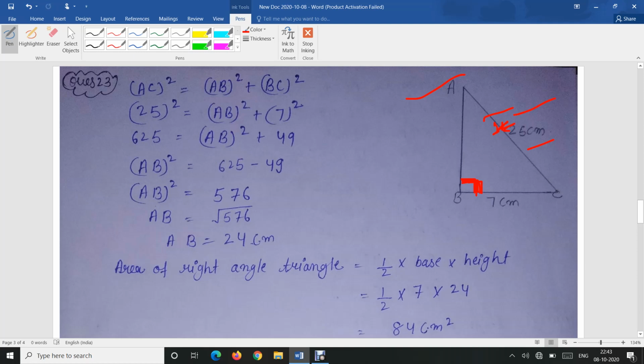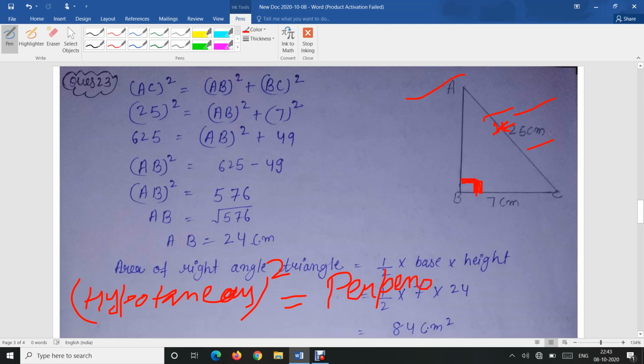So you can apply the Pythagoras theorem. According to the Pythagoras theorem, please write it in your notebook: hypotenuse square is equal to perpendicular square plus base square.